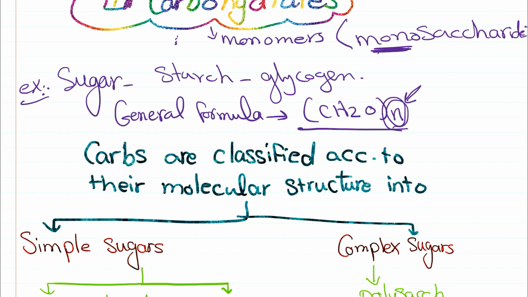So if we take an example of 6 carbon atoms, the hydrogen will be 12, and the oxygen will be 6 atoms as well, like the carbon atoms. So what is the ratio of carbon, hydrogen, oxygen? It will be 1, 2 to 1. This is the ratio of the atoms in the carbohydrates.